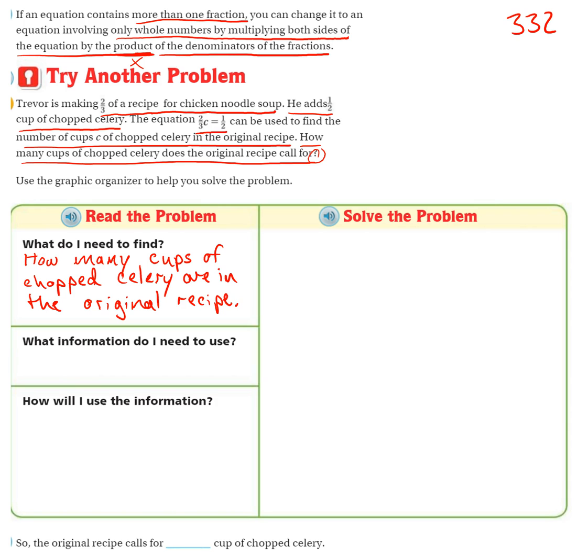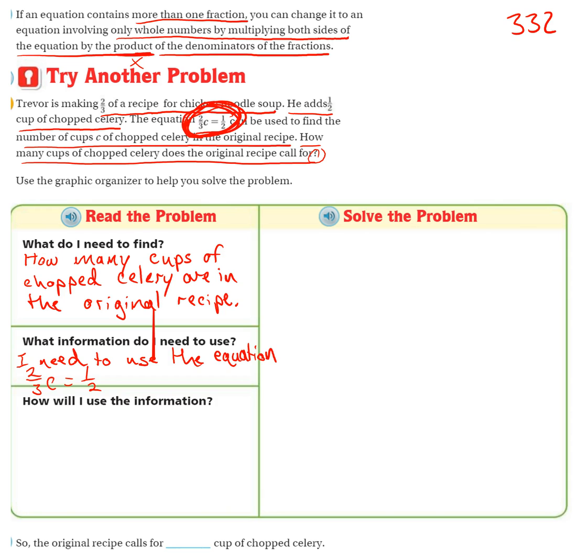I need to use the equation they gave me, and that equation is right here. I need to use the equation 2/3 times C equals 1/2.